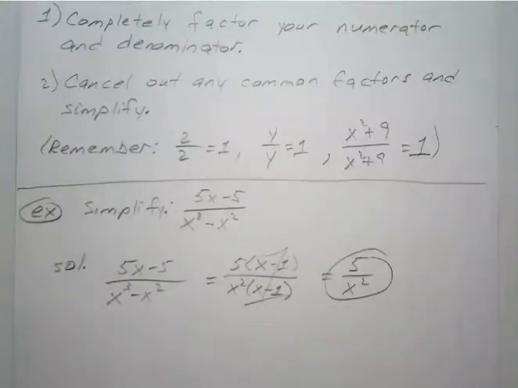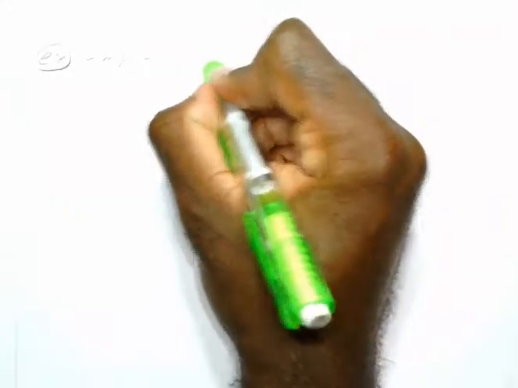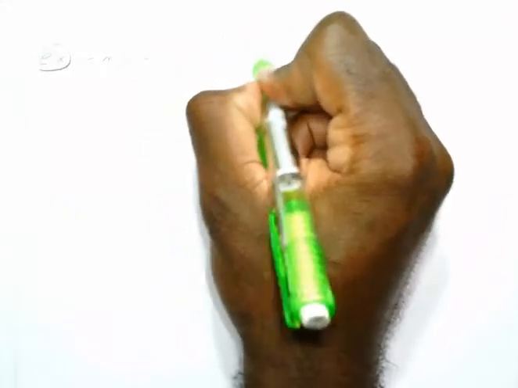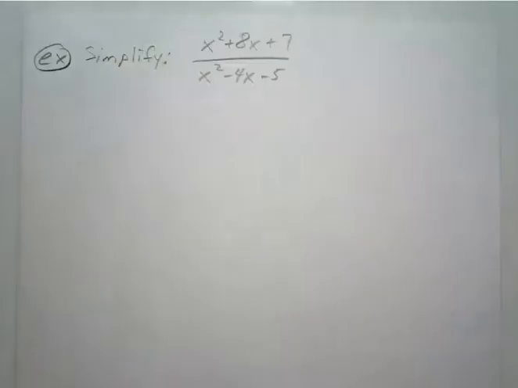All right. So let's go on to our next example. Okay, so what if we wanted to simplify x squared plus 8x plus 7 over x squared minus 4x minus 5?